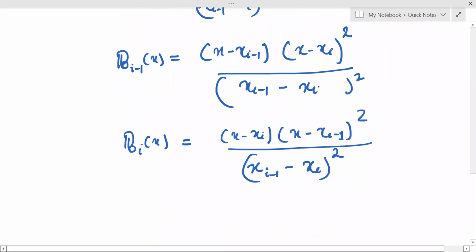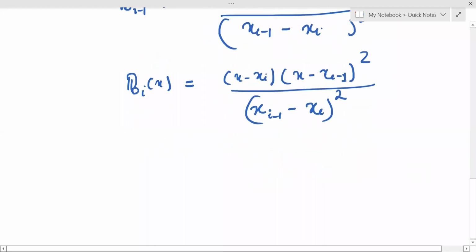That is b_i(x) on the interval x_{i-1} and x_i.